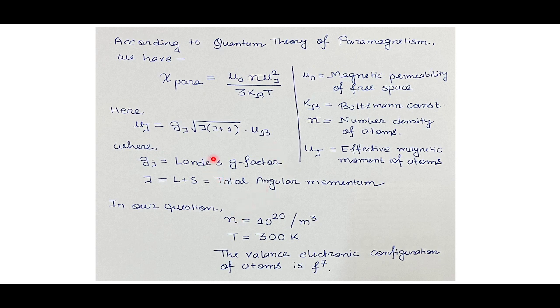So basically here the unknown quantities are gJ, the Landé factor for this system, and the J value. Other than these, mu naught you know, n you know, kB you know, T you know, and mu B is also given in the question.